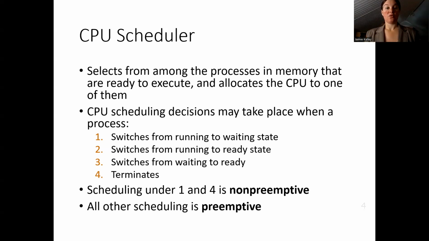And similarly, when it comes back from that interrupt, it's entirely likely that some other process was waiting on that input or output, and therefore that process is going to switch from waiting to the ready queue. And it is the CPU scheduler's job in that case to make a preemptive scheduling decision.